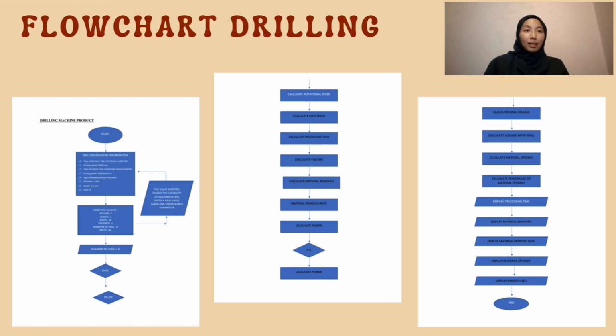The diameter tool is less than the DL, and then the diameters is less than the depth, and then we have to calculate some formula: for the rotations, feed speed, process time, volume, material removed rate, power, and then we calculate the power until we get the percent of the material efficiency.